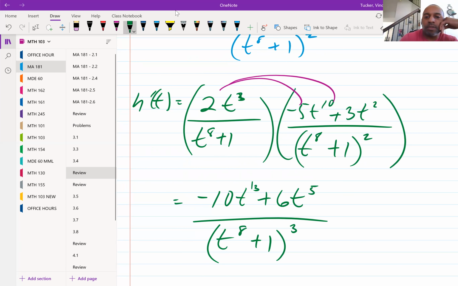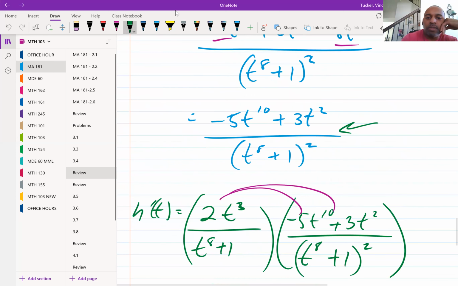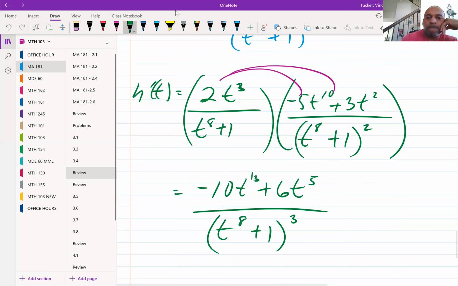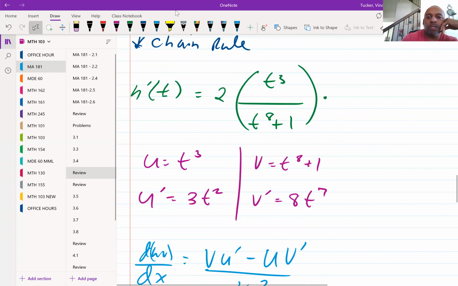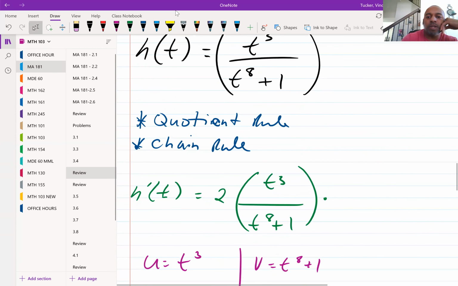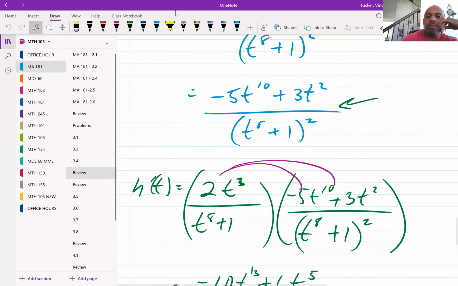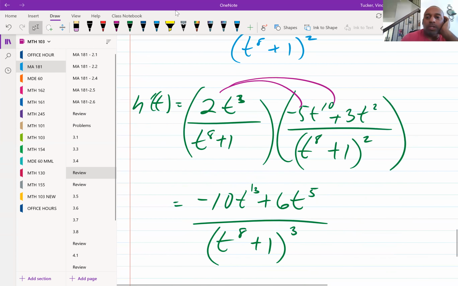All right, so let me make sure I got my stuff straight. Negative 10 t to the 13th. That was t cubed. Make sure that was t cubed. I was right, t cubed. Okay, that was on the inside. And then 2 times 3, 6, and 3 plus 2 is 5.